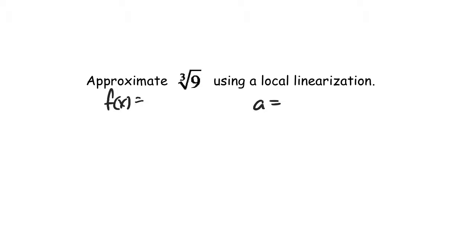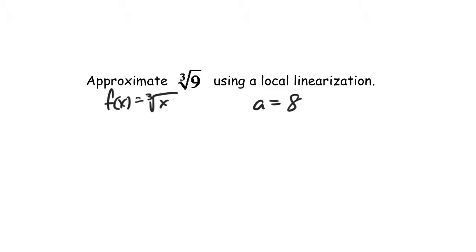Well, it's not too hard to see that I want my f of x to be the cube root of x, because I'm trying to mimic that function. But what's not obvious is what my a is going to be. A common mistake is people think you want your a to be 9, but I don't want that because I don't know what the cube root of 9 is. I want to choose a value that is close to 9 that I do know the cube root of. And so that number is 8, because I know the cube root of 8.